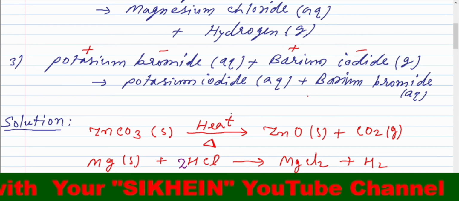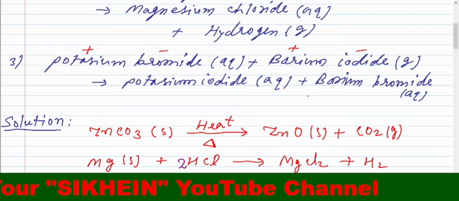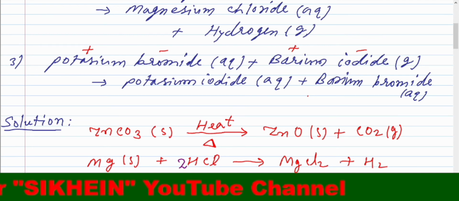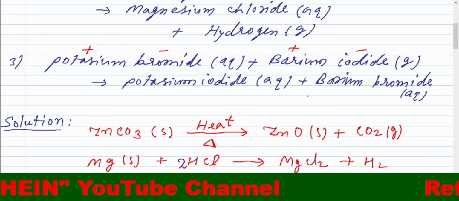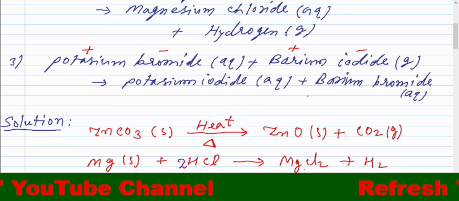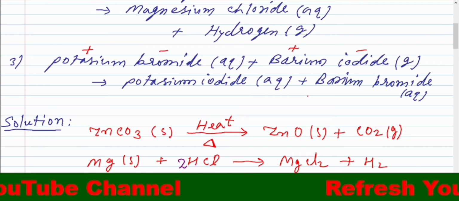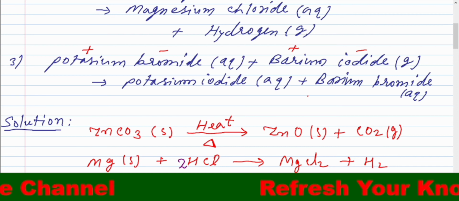Next is magnesium plus HCl, you get magnesium chloride, that is a displacement reaction. In third, it's a type of double displacement reaction.